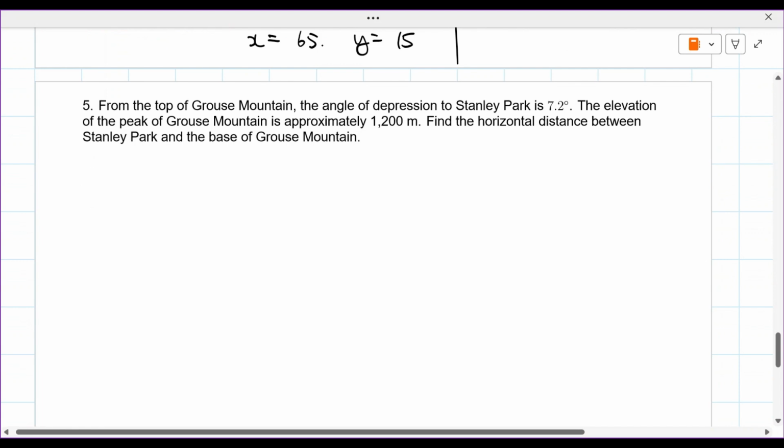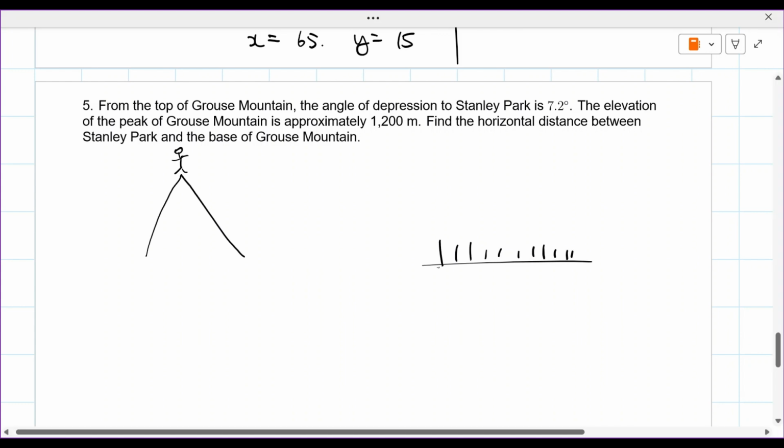From the top of the Grouse Mountain, the angle of depression to Stanley Park is 7.2 degrees. The elevation of the peak of Grouse Mountain is approximately 1,200 meters. Find the horizontal distance between the Stanley Park and the base of the Grouse Mountain. So for this one, let's try to draw the situation first. From the top of the Grouse Mountain, so we have a mountain, and then we're standing at the top peak, and then we're looking down at the Stanley Park.